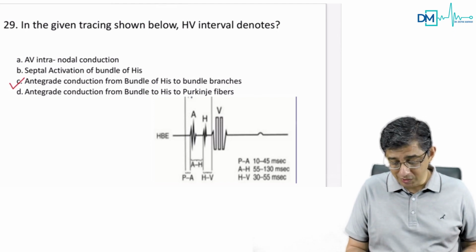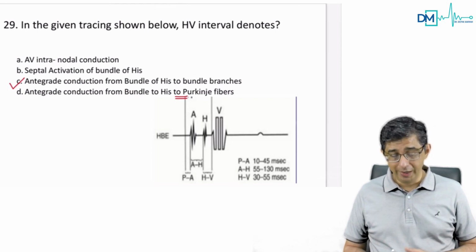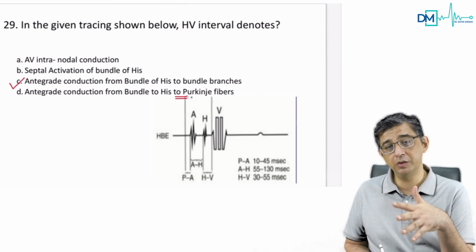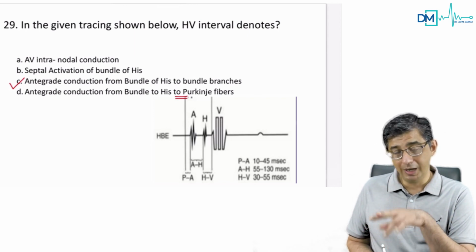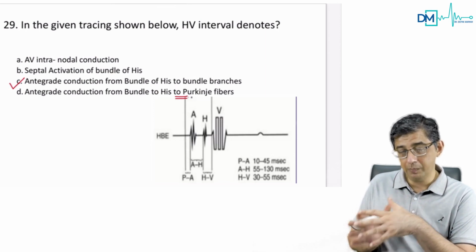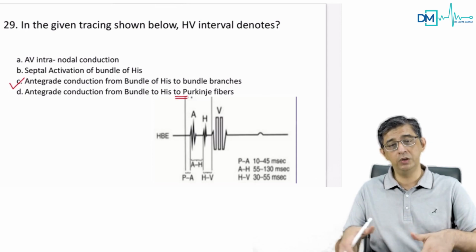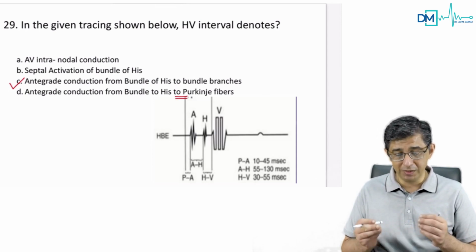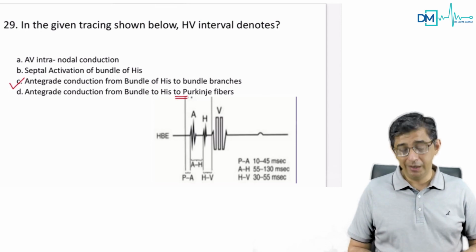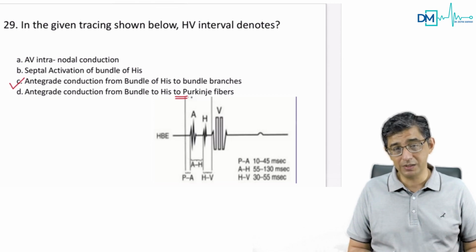You see this second option, which is a close call between C and D. Why D is not the answer is because the spread of impulses to the Purkinje fibers is responsible for the QRS complex, but at the moment the current has not reached the epicardial part of the muscle. It is rather just starting from the bundle of His and moving to the left and right fascicle. So that basically indicates the HV interval. The correct answer is C, and option D would indicate rather the QRS complex.